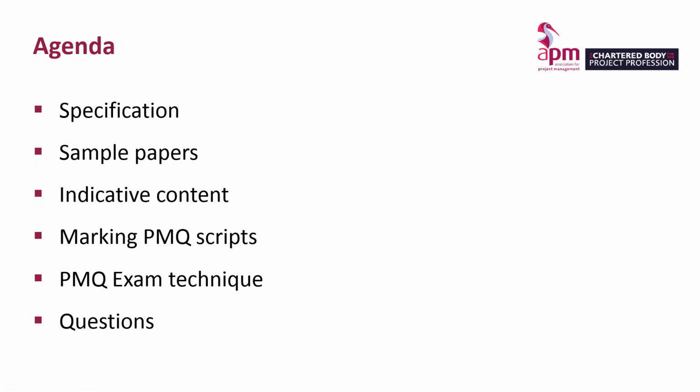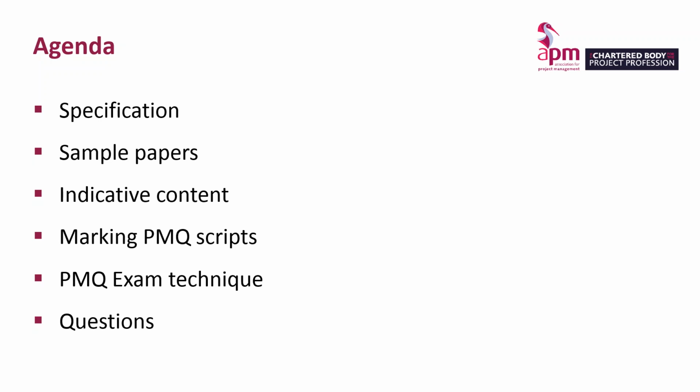So on screen now, you should be able to see the agenda. We'll talk about the specification briefly to begin with. Yes, this is being recorded, so you will be able to play back this webinar afterwards. We'll make that available to you.